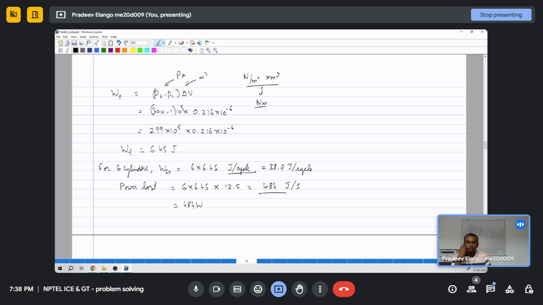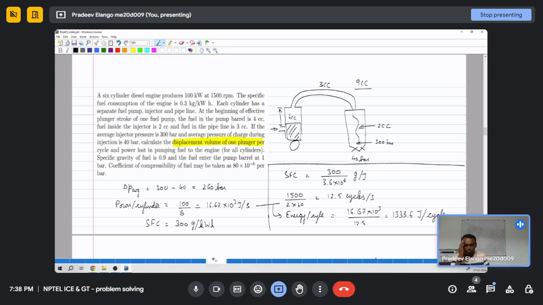Do you have any questions in this problem? Sorry, pressure? Average pressure across the orifice. So I think we didn't use it anywhere.